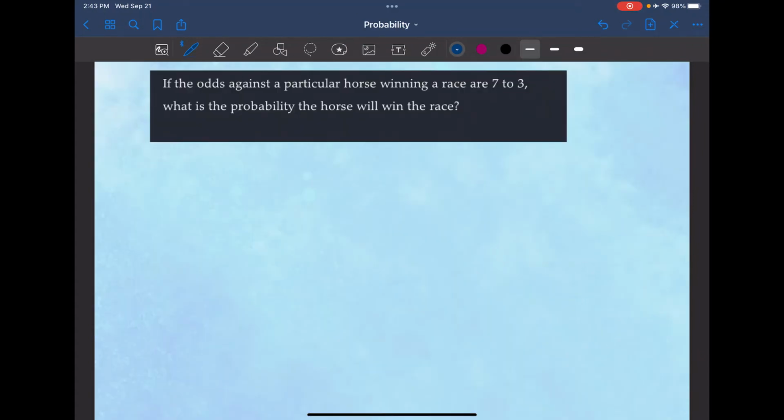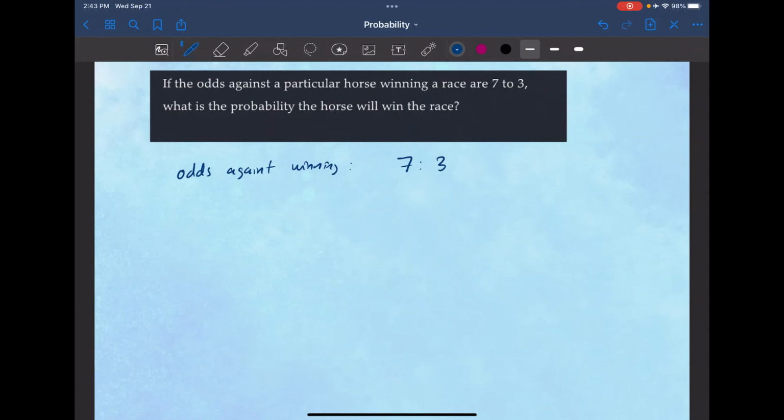Here we have another example. If the odds against a particular horse winning are 7 to 3. So here you have odds against winning, which is a 7 to 3 ratio.